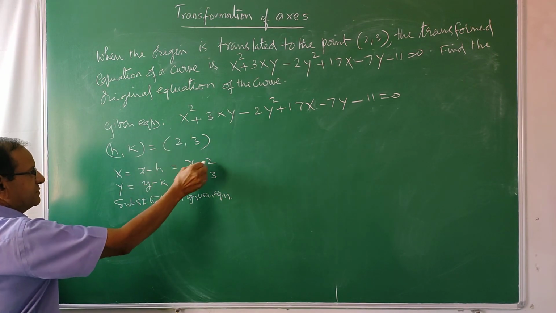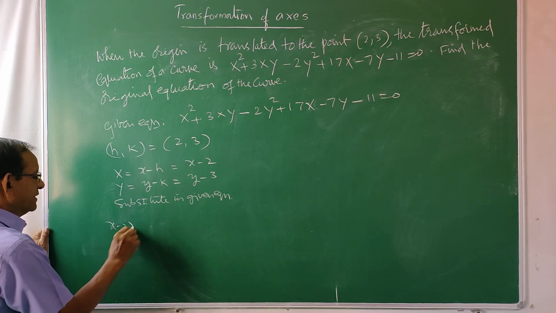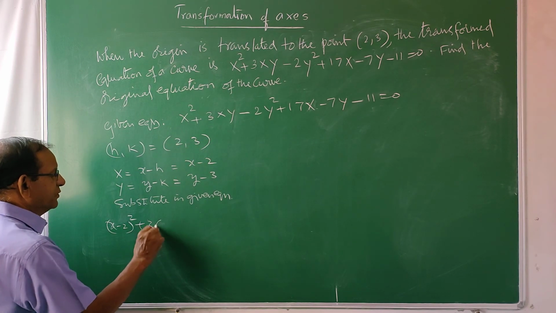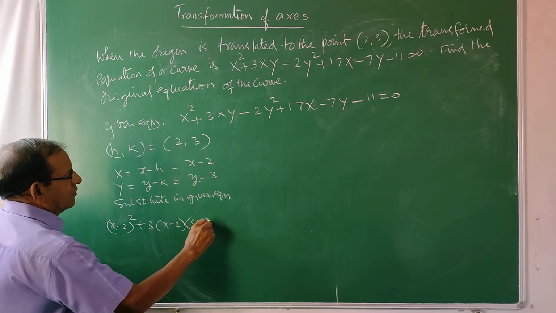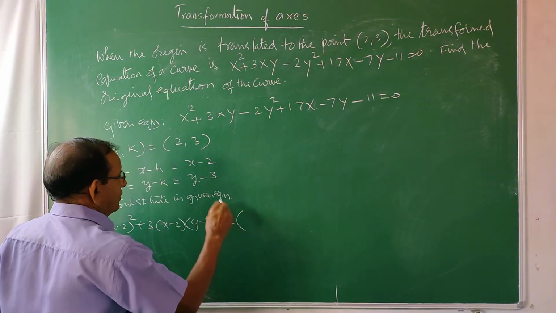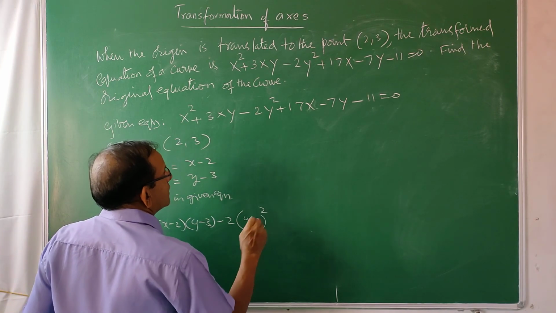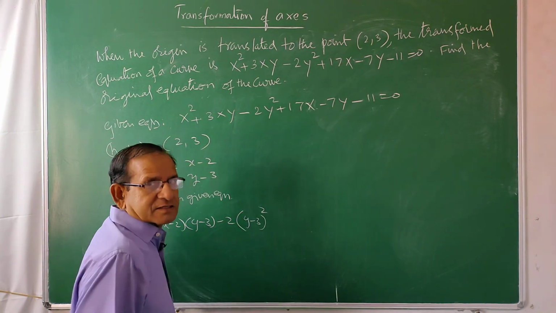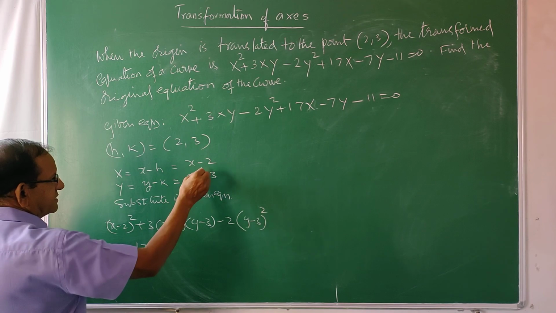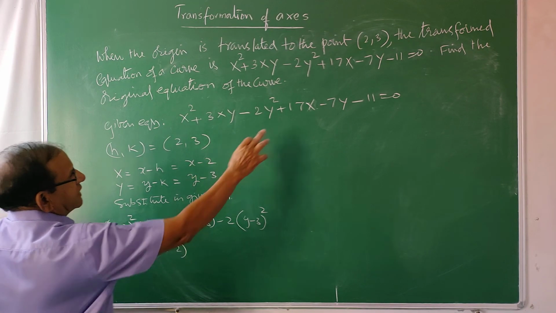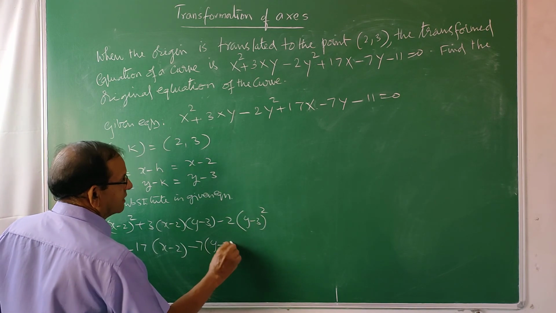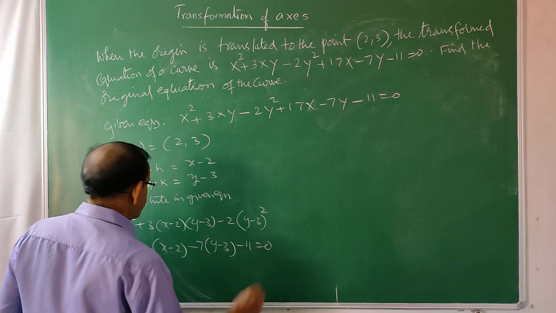X square means x minus 2 whole square, plus 3xy means 3 into x minus 2 into y minus 3, minus 2y square means 2 into y minus 3 whole square, plus 17x, x means x minus 2. Next term is minus 7y, 7 into y minus 3, minus 11 equal to 0.